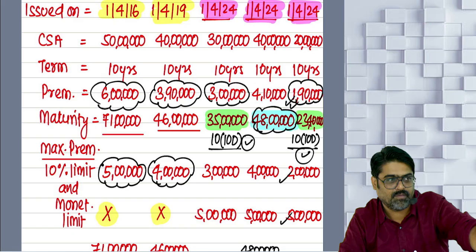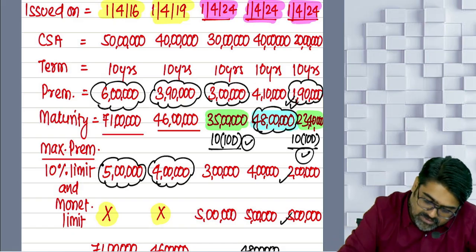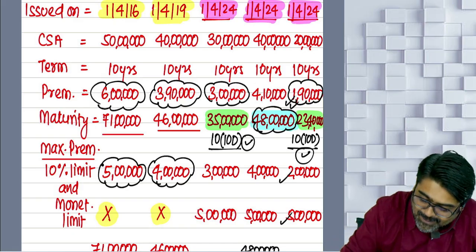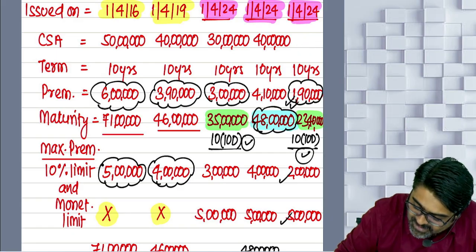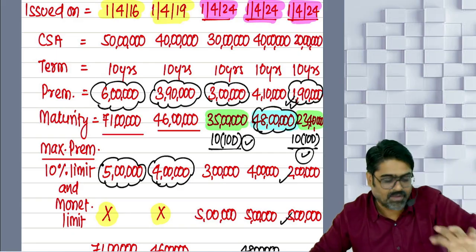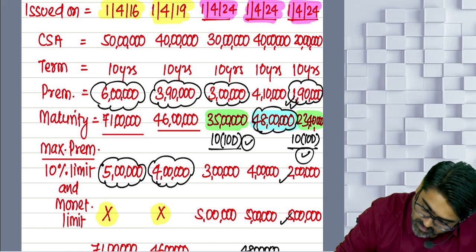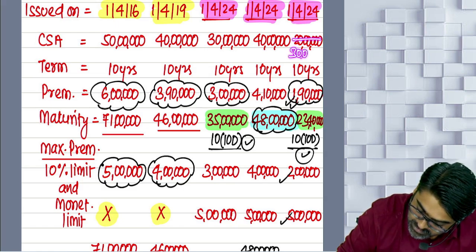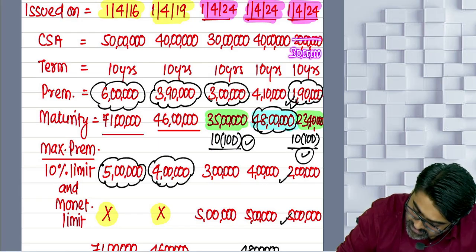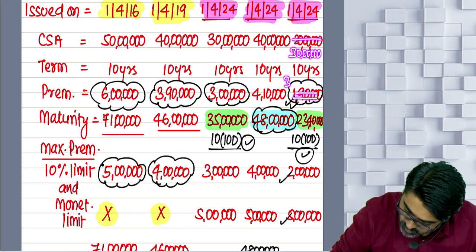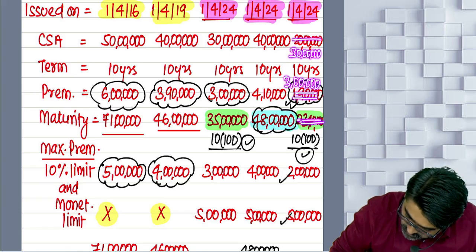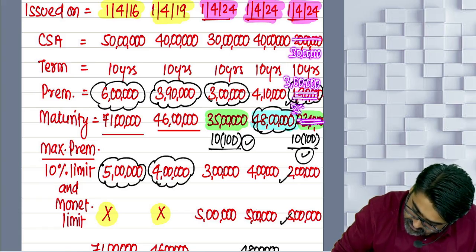But wait. Example, if the amount of the last policy was 30 lakhs, and on that also the premium would have been 3 lakhs, and I would have received 35 lakhs.